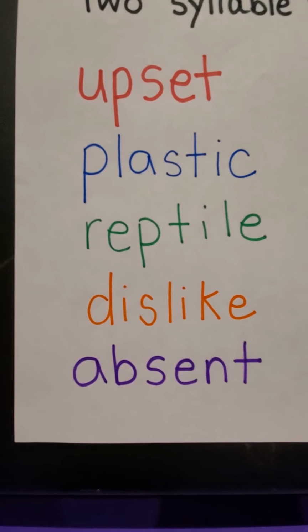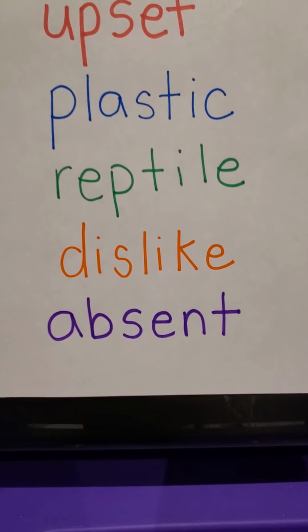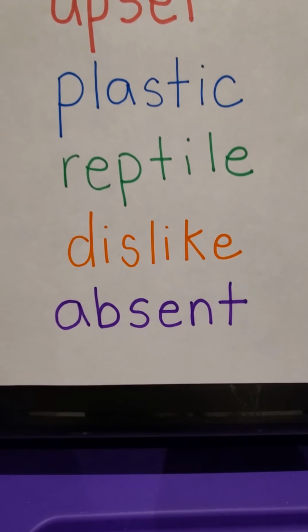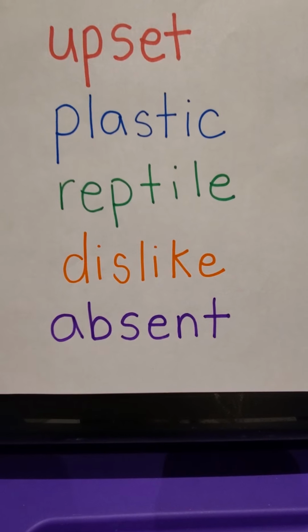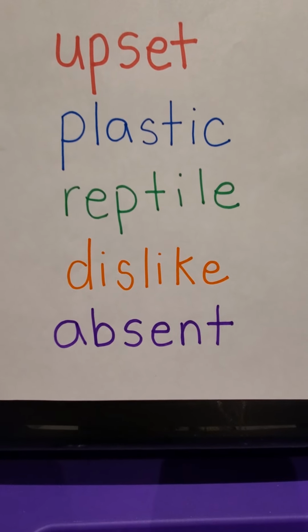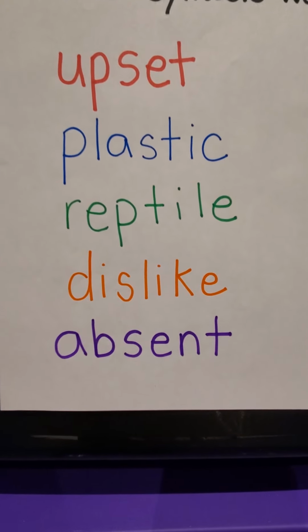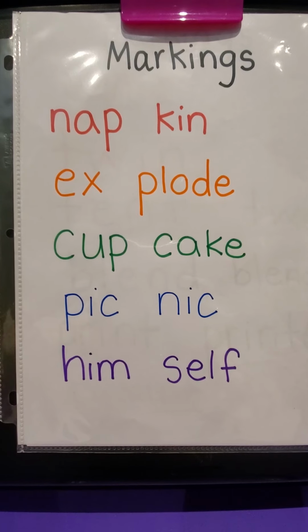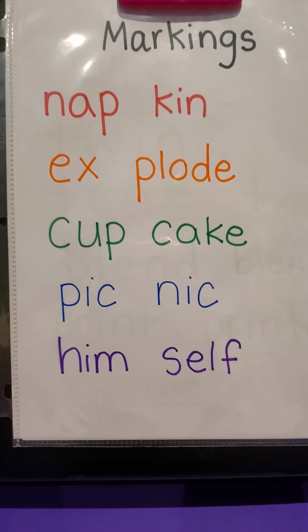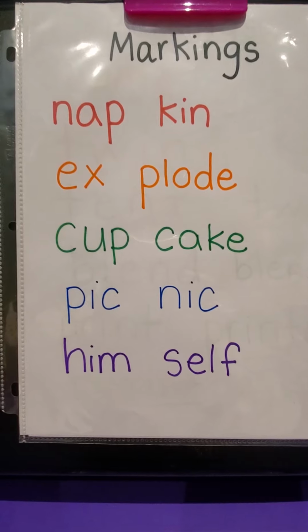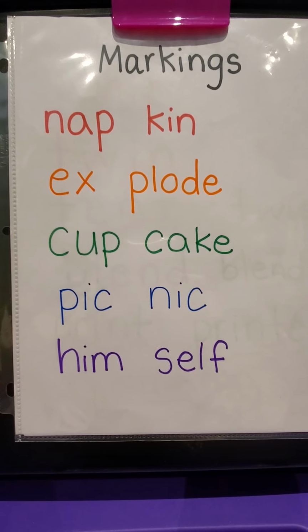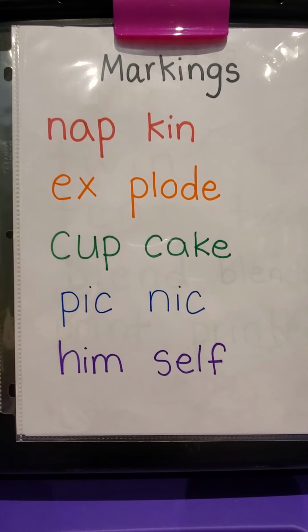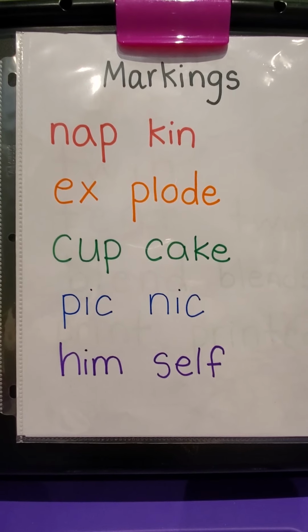Like these other ones. These are all just two parts to the word. We've got plastic, reptile, dislike, and absent. Only in Fundations, when we write two-syllable words, we separate the syllables and put a line underneath.